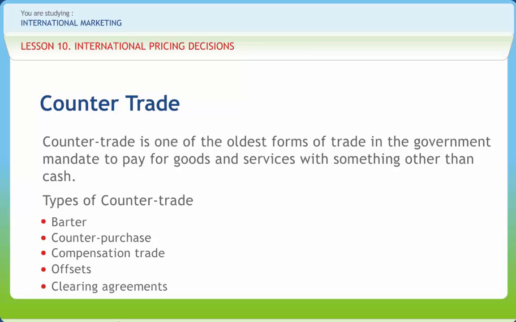In an offset, a foreign supplier or manufacturer is required to assemble the product locally and purchase local components in exchange for the right to sell its products locally. Offsets are often found in purchases of aircraft and military equipment. Clearing agreement is clearing account barter with no currency transaction required.